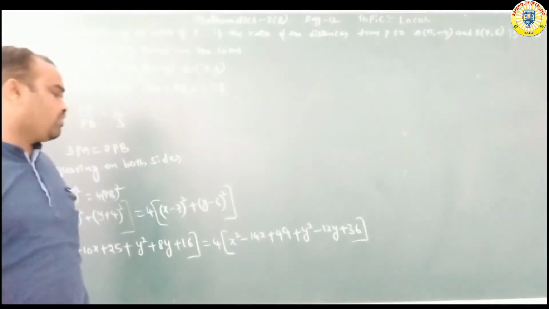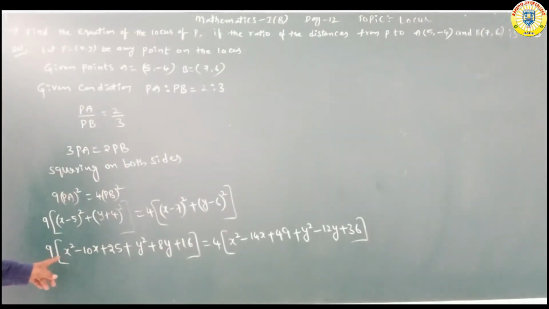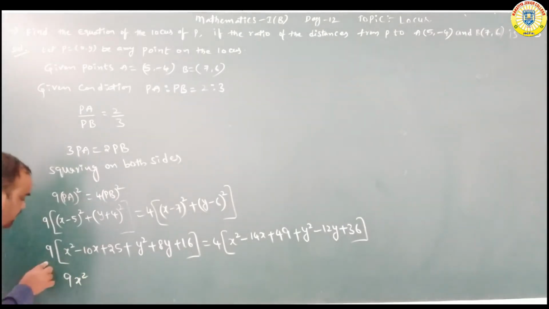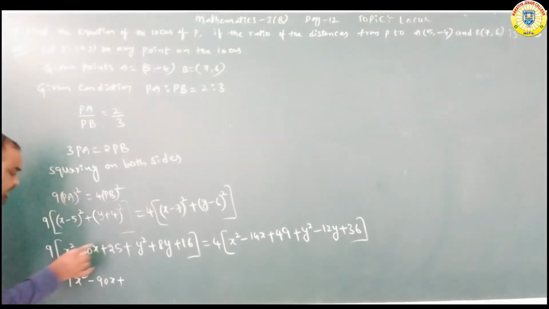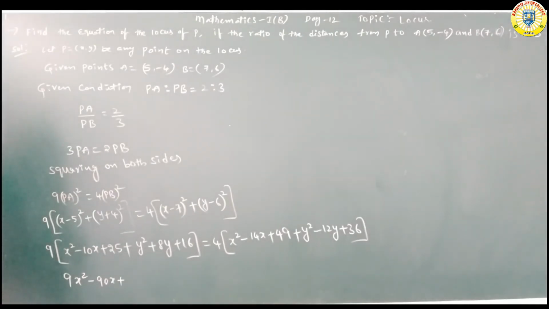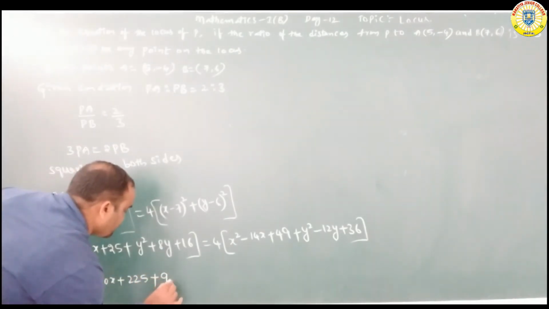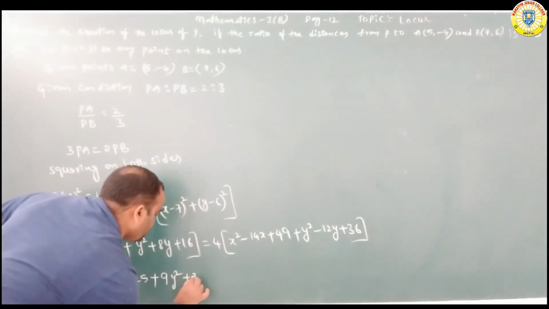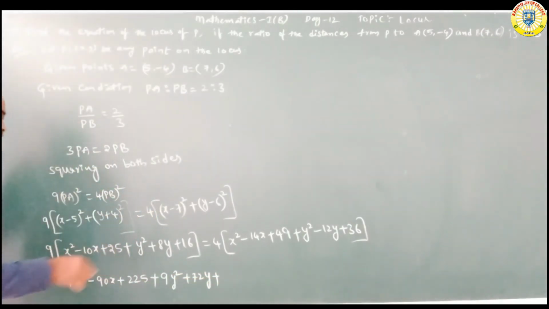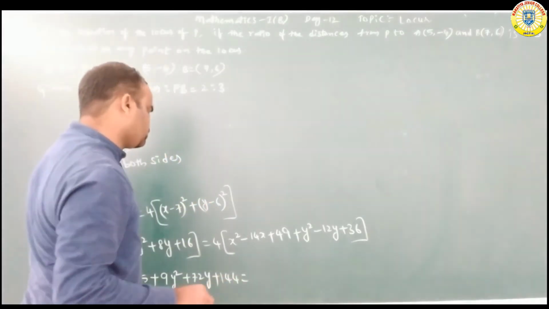So now this value we multiply inside. 9 into x square, 9x square. 9 into minus 10x, minus 90x. 9 into 25, 225, plus 9 into y square, 9y square. 9 into 8y, 72y. 9 into 16, 144, is equal to 4 into x square.